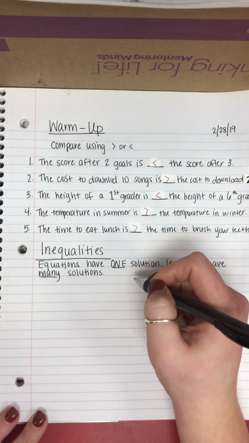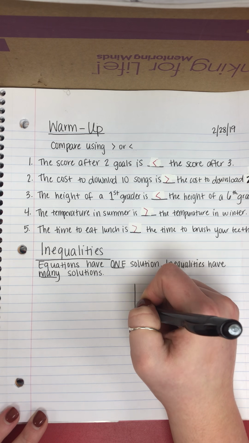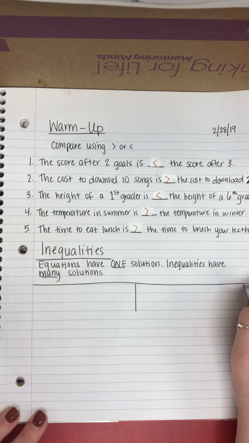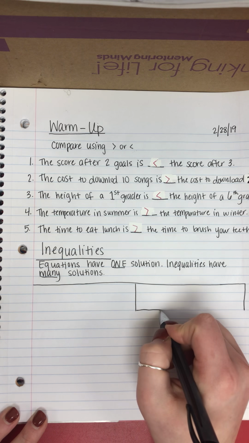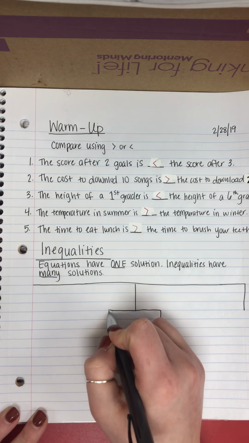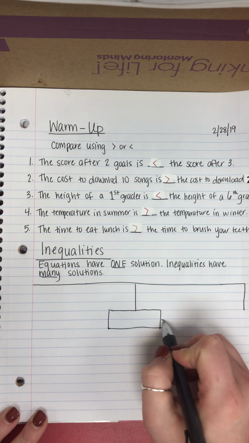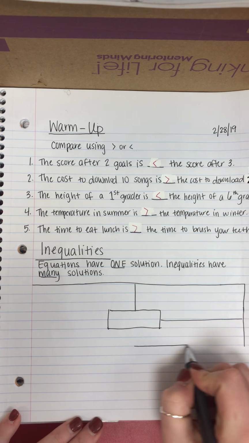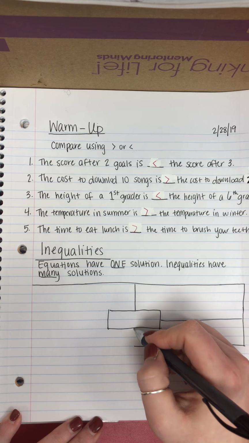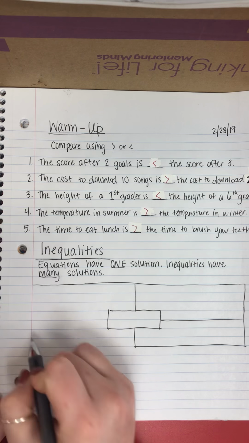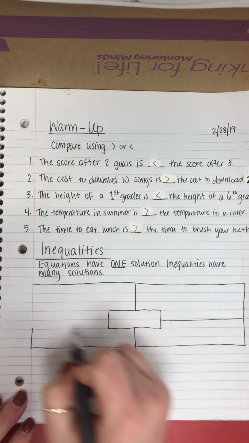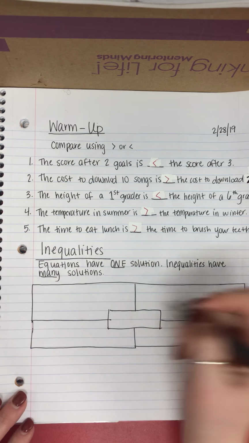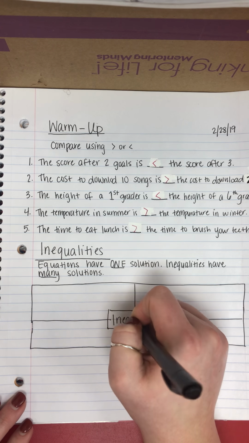So I want you to copy down this Frayer model that we've done so many times before, nothing new. Made that one a little small, it's okay. Okay, so we're going to put inequalities in here.